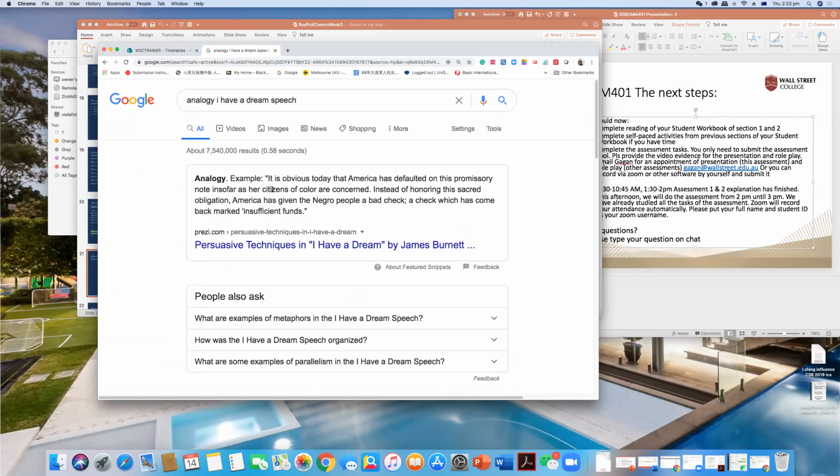Instead of honoring this sacred obligation, America has given the Negro people a bad check, which has come back marked insufficient funds. So there are many persuasive techniques here. So where is the analogy in these two sentences? Can you tell me?